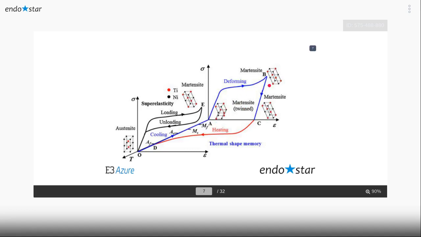But when you heat the file back again, which we can see in the manufacturer, sometimes done by lighter, but for us, when you sterilize the file, it will return back to the austenitic phase, regain its shape, and the detwinned martensite comes back to austenitic. Then after cooling to body temperature or room temperature, it will return back to the martensitic phase, and we can use it again after sterilization.